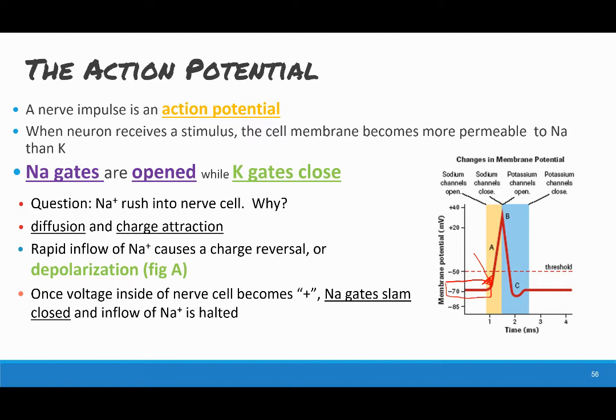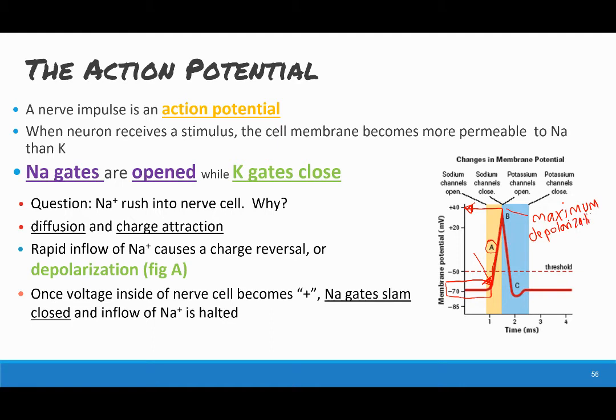Sodium ions rush into the neuron, causing a brief reversal of charge, which figure A refers to in this part of the diagram. You have a quick increase in charge up to what we call maximum depolarization.